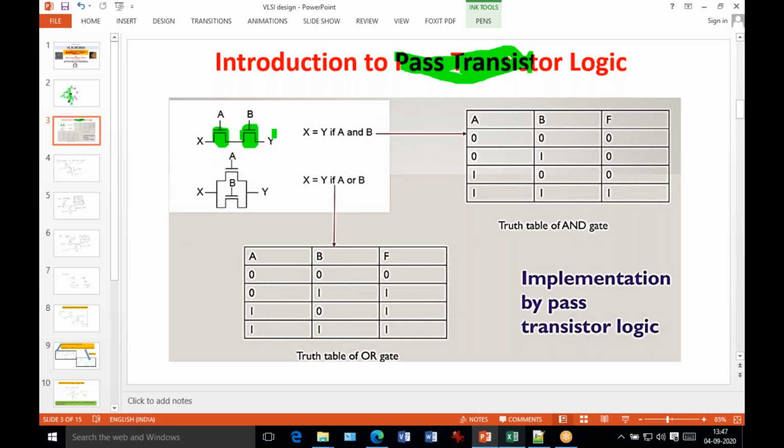Here we are using only NMOS transistors, because NMOS switching is fast: electrons participate and electron mobility is high, so the switching speed of NMOS is very good. That's why it is helpful for high speed circuit configurations in pass transistors.